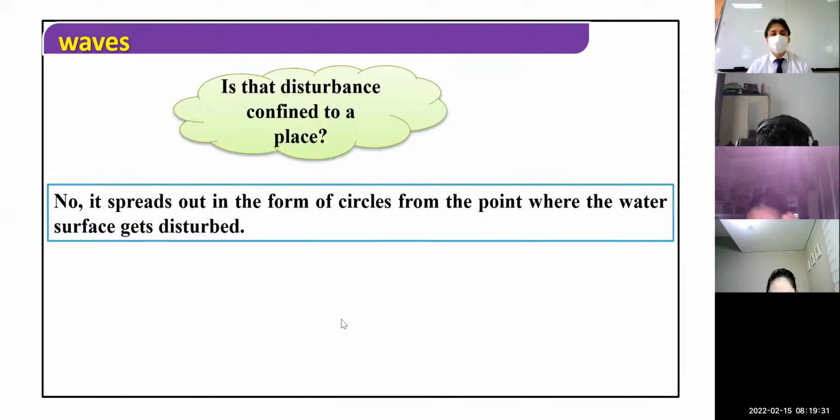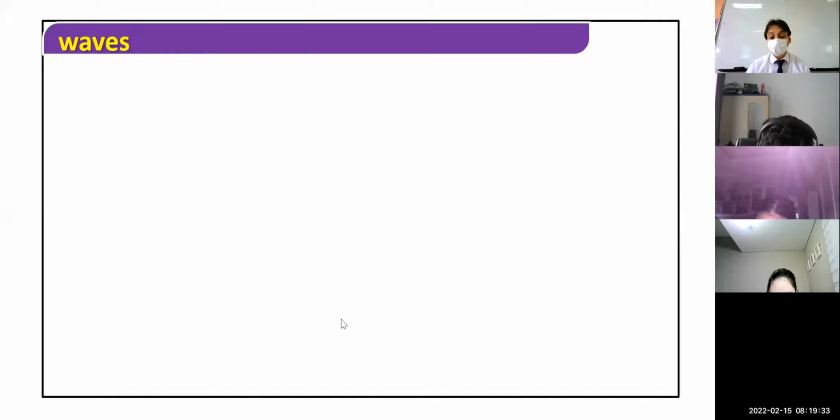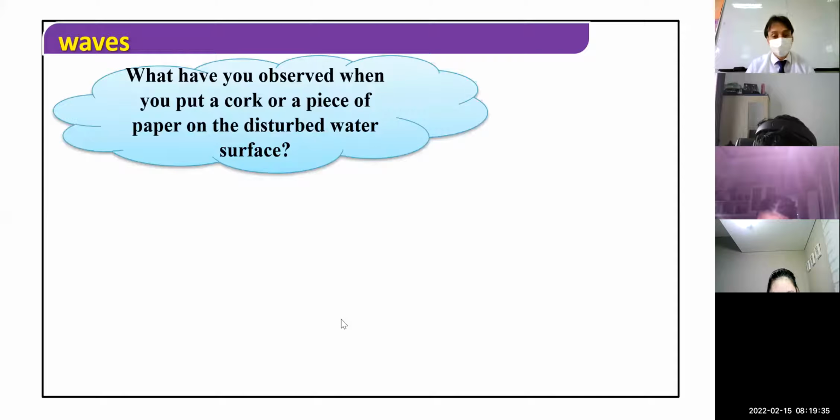Now one more thing, the next part. Again I want to say, children, please listen carefully. What have you observed when you put a piece of paper or a small piece of wood on the disturbed water surface?